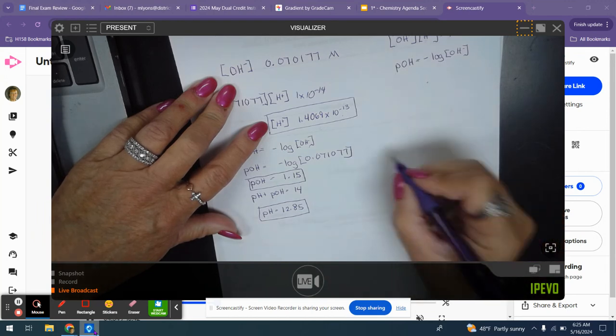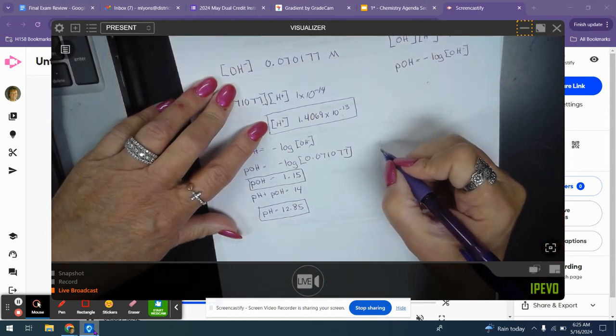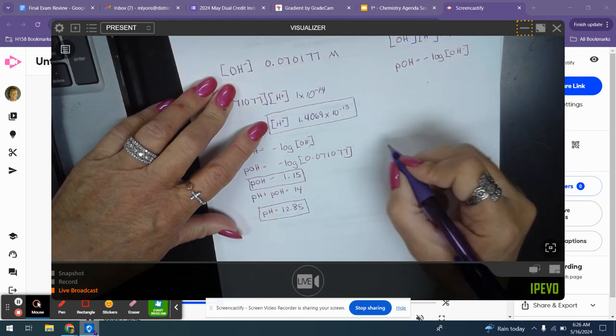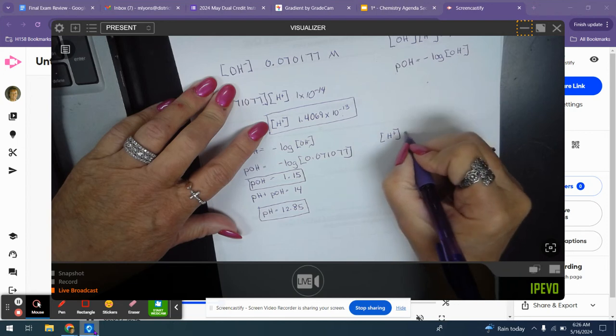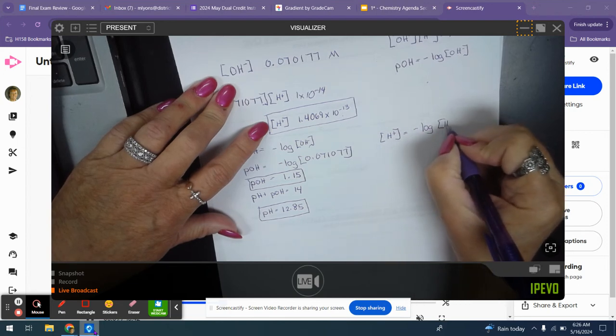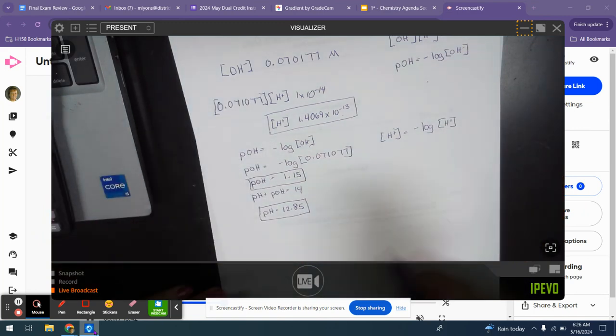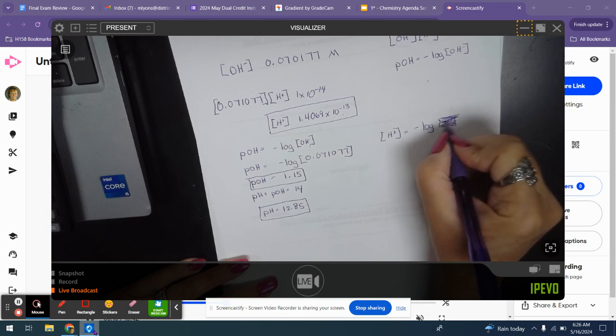Let's see if that works. So I know that, what do I know? Hydrogen ion concentration is equal to the negative log of hydrogen ion concentration. No, that is not right.